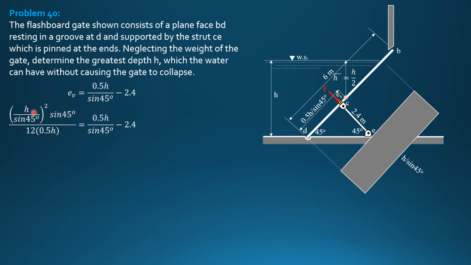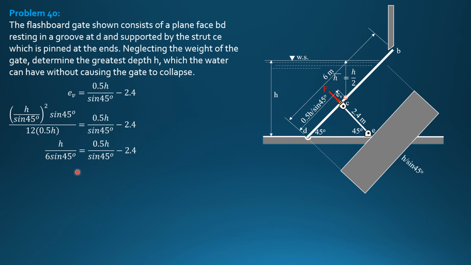So simplifying, h squared divided by h, so h over 6 sine 45, because this is sine squared 45. So h over 6 sine 45 degrees equals 0.5 h over sine 45 minus 2.4.